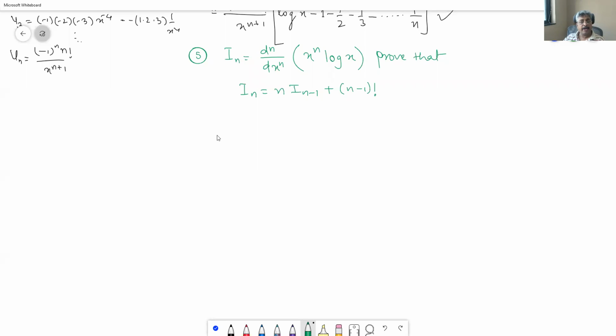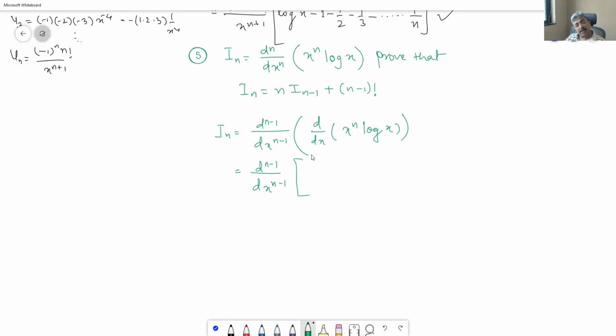So I n is equal to d n minus 1 upon dx raised to n minus 1 of d by dx of x raised to n log x, which is equal to d n minus 1 upon dx raised to n minus 1 of the derivative of this.